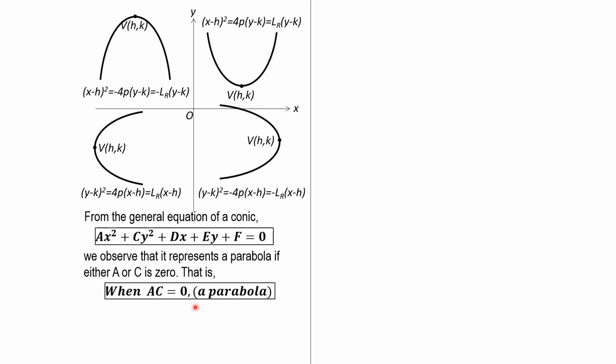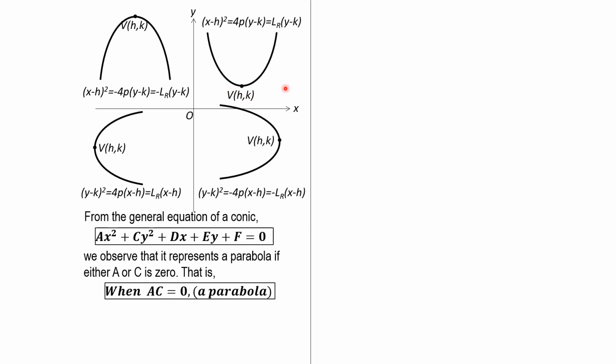The standard equation can also be interpreted as, so the x minus h, for example, that's the axis. So axis square is equal to length of latus rectum, then y minus k is interpreted as the tangent to the vertex.